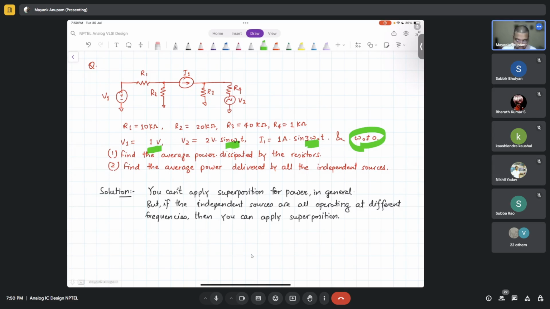So if you want to calculate the power dissipation in any of the elements here, you can do that by simply taking the individual power due to each single independent source and adding them all together. Now, if you want to find out the power delivered by any of the sources, how will you do that?